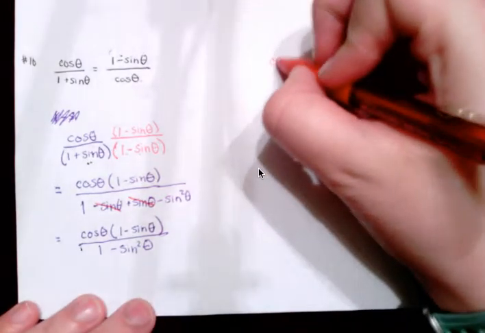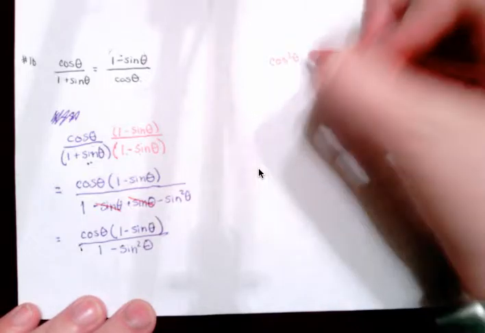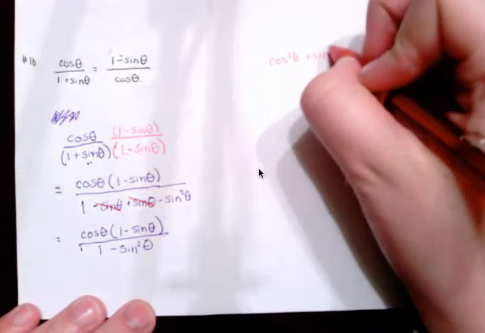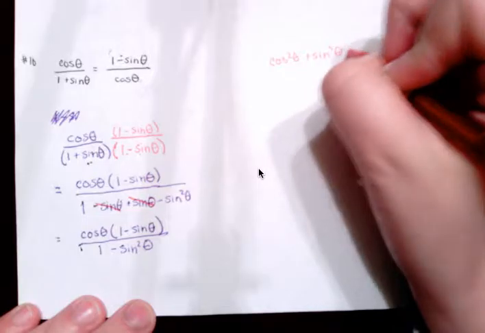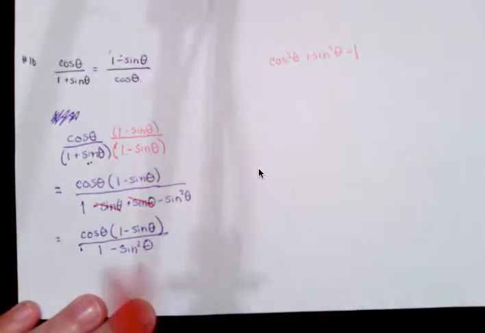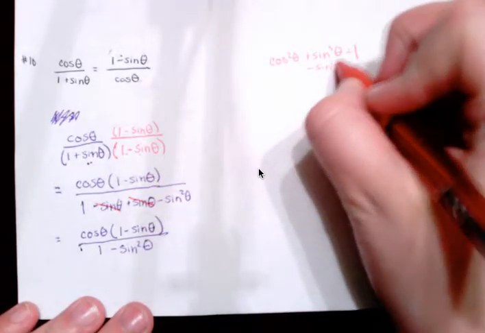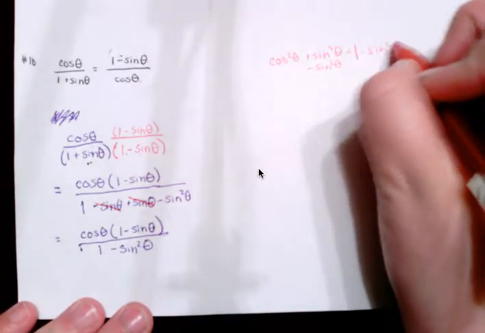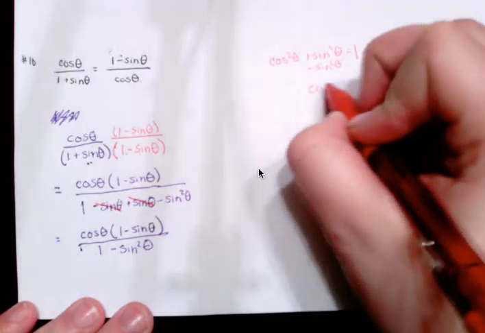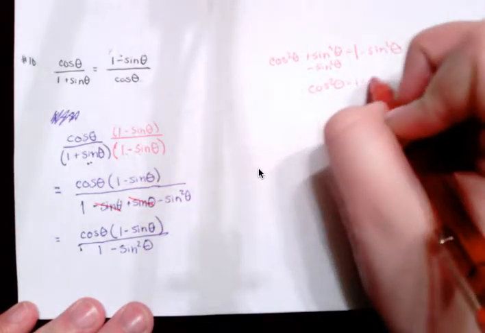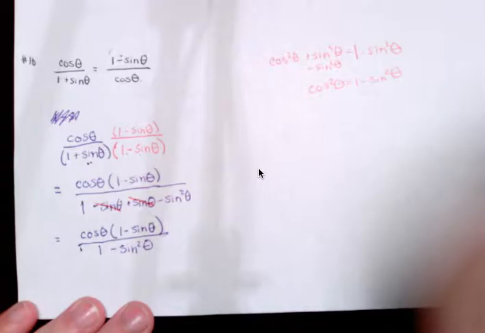So, again, I'm going to rewrite it off to the side here. Cosine squared plus sine squared equals 1. Well, I have 1 minus sine squared. I can get that just by subtracting that sine squared over. So then I'm left with cosine squared equals 1 minus sine squared. Oh, so that is an identity.